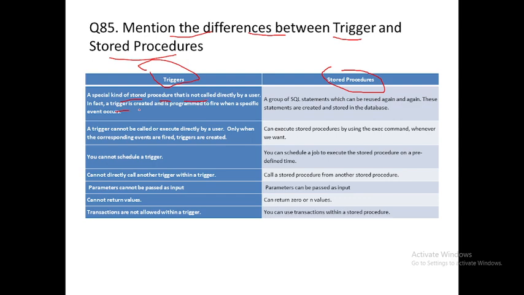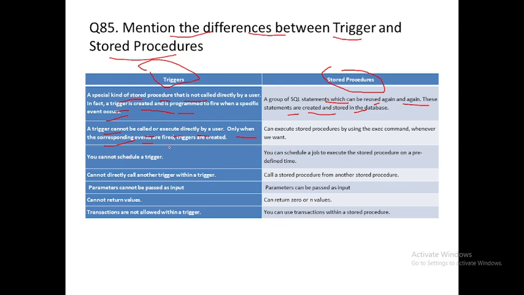In fact, the trigger is created and programmed to fire when a specific event occurs. A stored procedure is a group of SQL statements which can be reused again and again. These statements are created and stored in the database. A trigger cannot be called or executed directly by a user. Only when the corresponding event is fired, the trigger is executed.